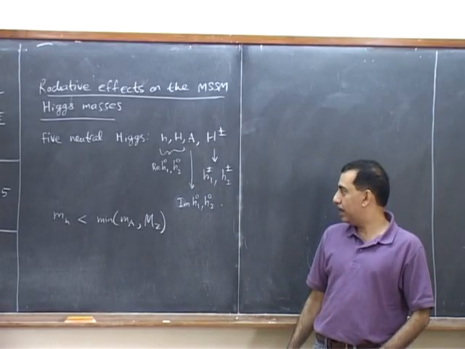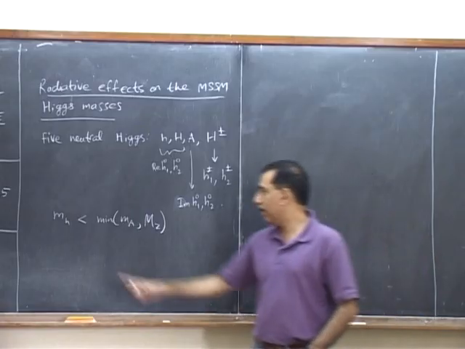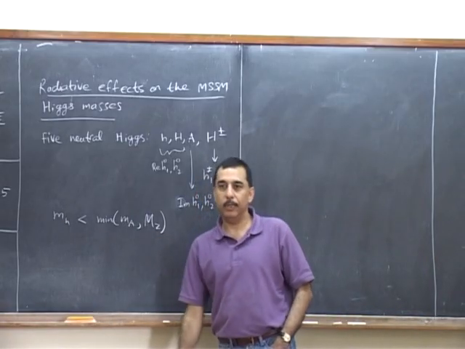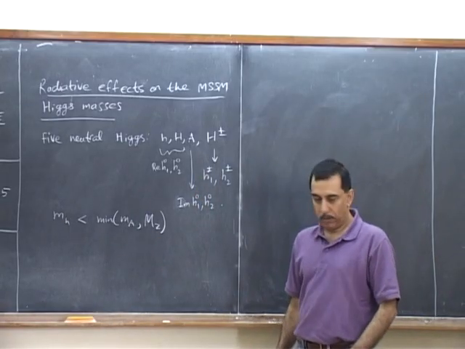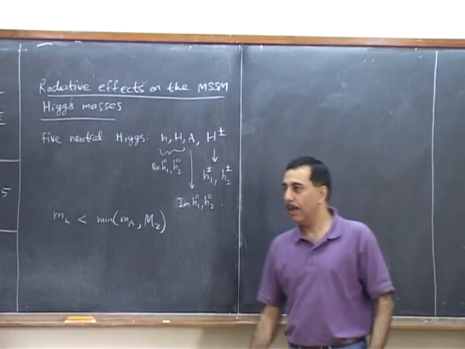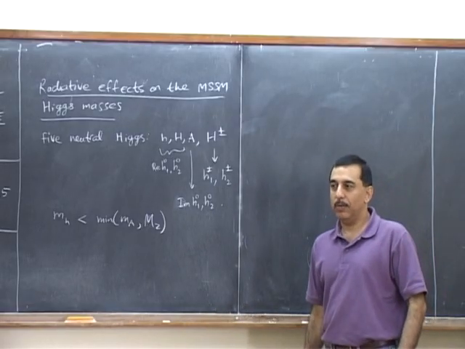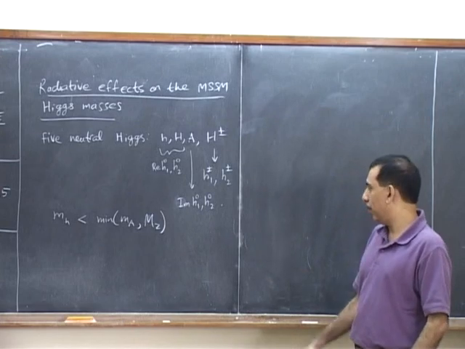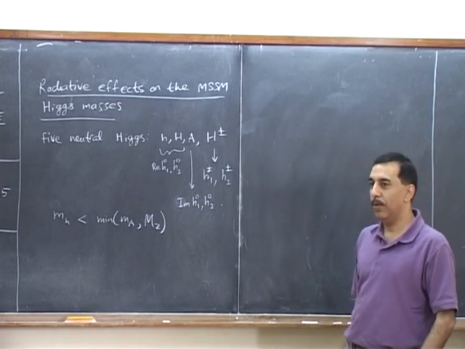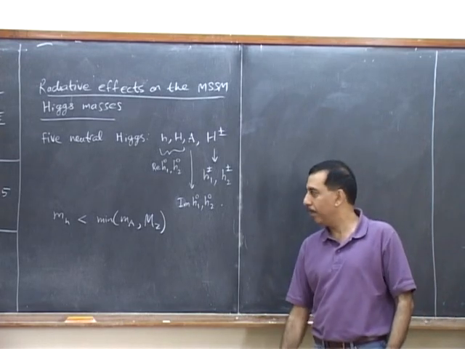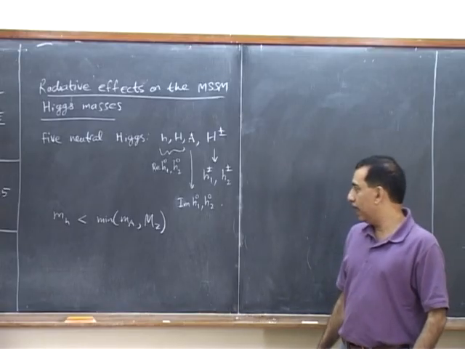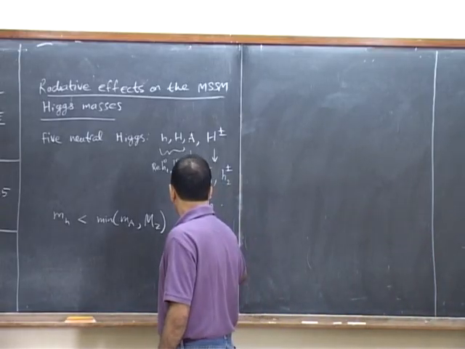Okay. But this isn't a very favored scenario because it would require 1 Higgs at less than 91 GeV, which is not quite consistent with the experiment. Although as we'll see, it's not quite inconsistent either, it's somewhere on the borderline. And it depends, as usual, on what you assume. But in any case, this is a tree-level relation.